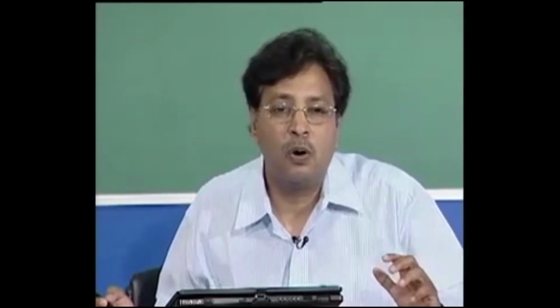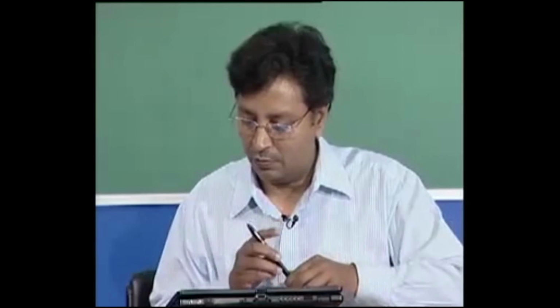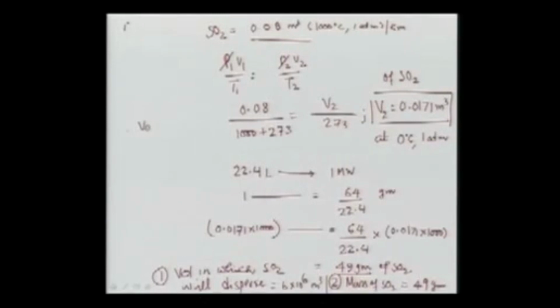You can find out the overall concentration of SO2 in the volume in which the SO2 got dispersed. And don't forget that there is a village sitting in the same volume. So I'll try to remove this one and we'll write these numbers separately here. 6 into 10 to the power 6 meter cube, and mass 49 grams. I'll rub the whole thing.